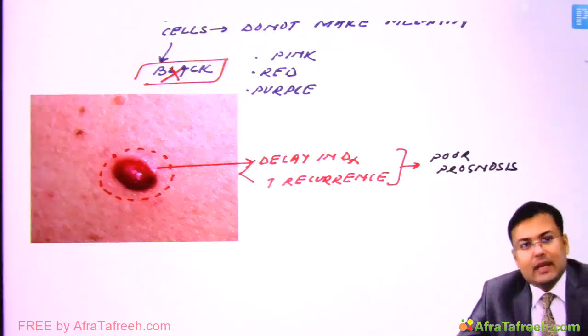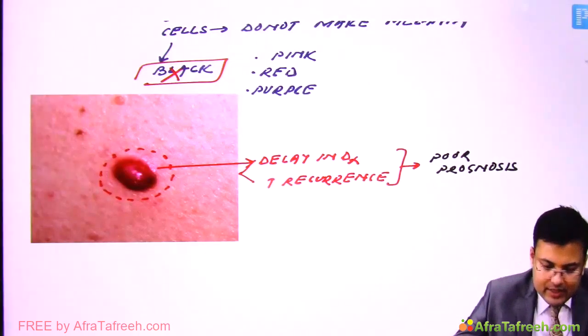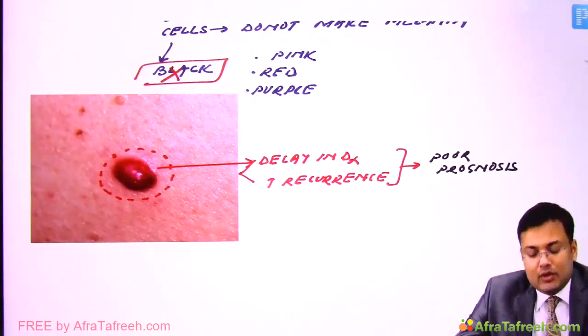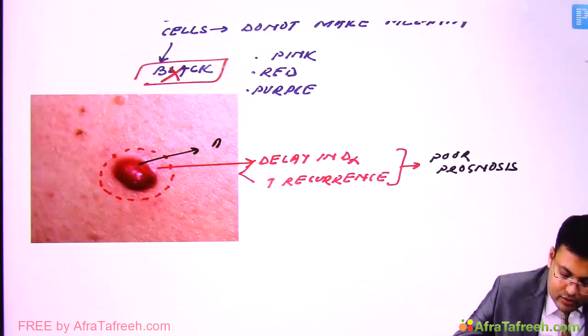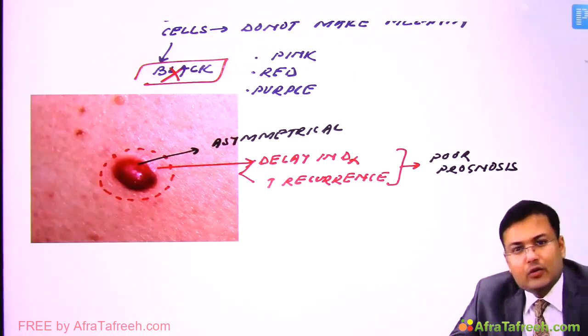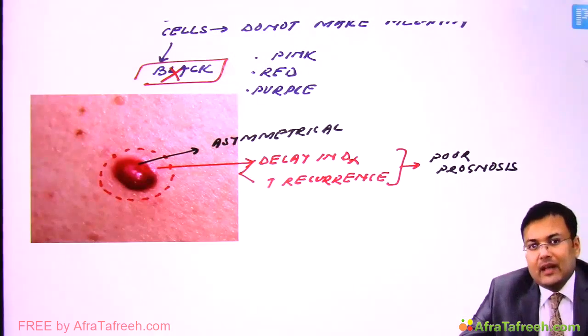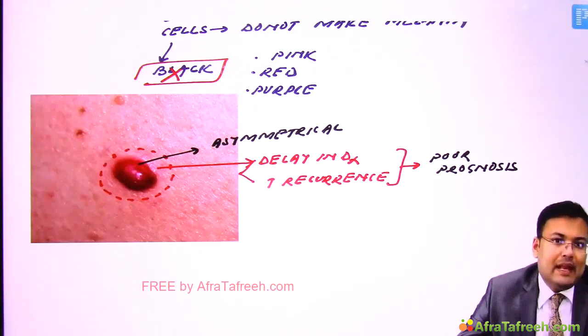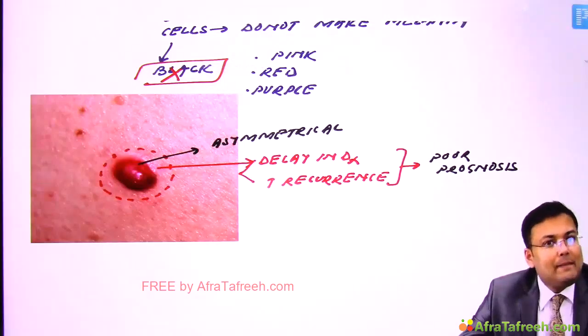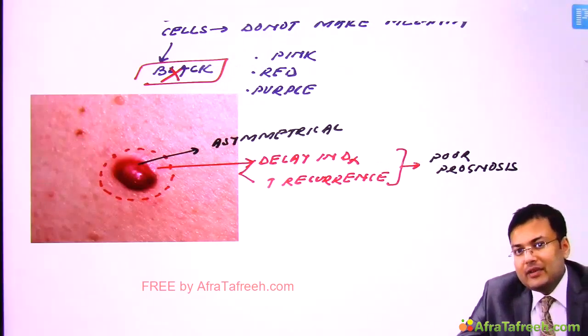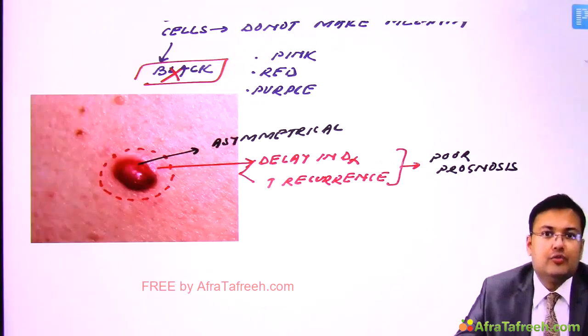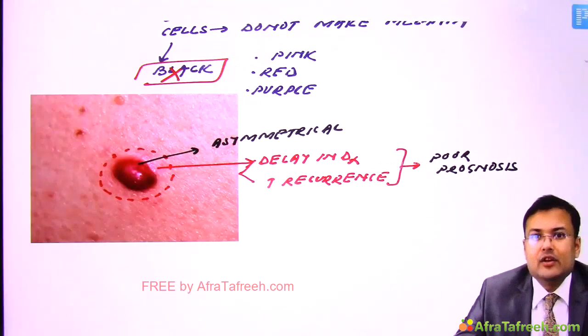So amelanotic melanoma is having poor prognosis. And can you see the shape? Generally the shape is irregular, asymmetrical, and there is irregular faintly pigmented border. So how do you remember amelanotic? It is arising from the cells which are not going to produce the melanin, and the color is not black.